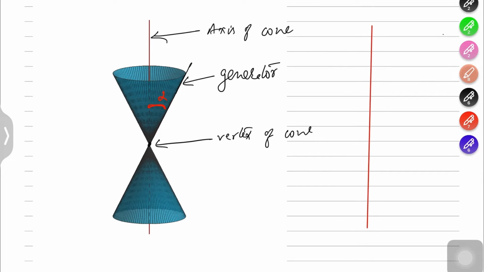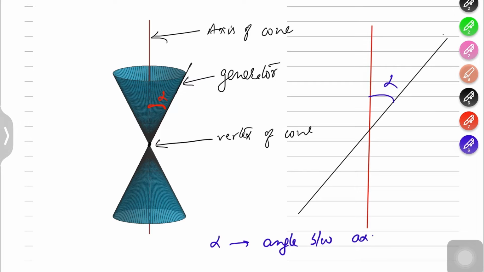This is the axis of a cone, this is a generator, and the angle between the axis of a cone and the generator is called alpha. That alpha will be used frequently in conic sections.